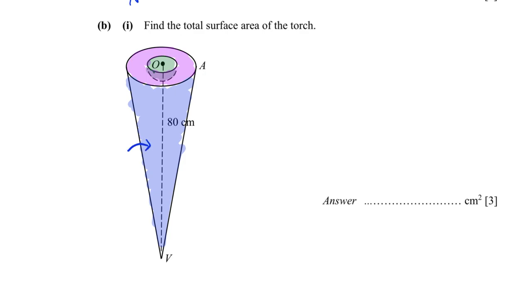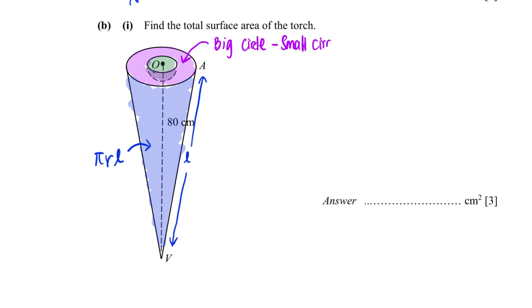Curved surface area of a cone, pi r l, where this is the l, which we have already gotten from part A. The ring, though, will be the big circle minusing the small circle. Later you will see my working as such. Last but not least, we still have the surface area of the hemisphere inside, 2 pi r square.